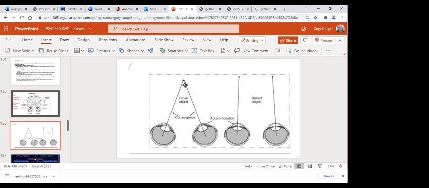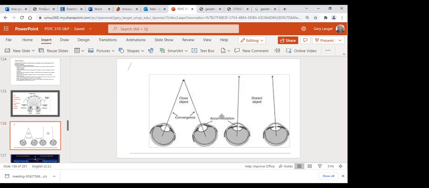And convergence, for a normal eye, in other words, you don't have nearsightedness or farsightedness, begins to happen when an object is closer than 6 meters away. If you're nearsighted or farsighted, then your lens isn't focusing well, and it happens at a different distance. But notice that one of the two oculomotor cues is convergence of the eye, and the other is called accommodation.